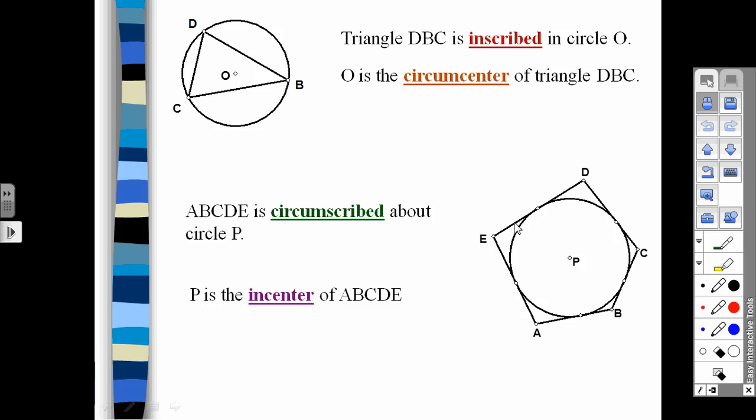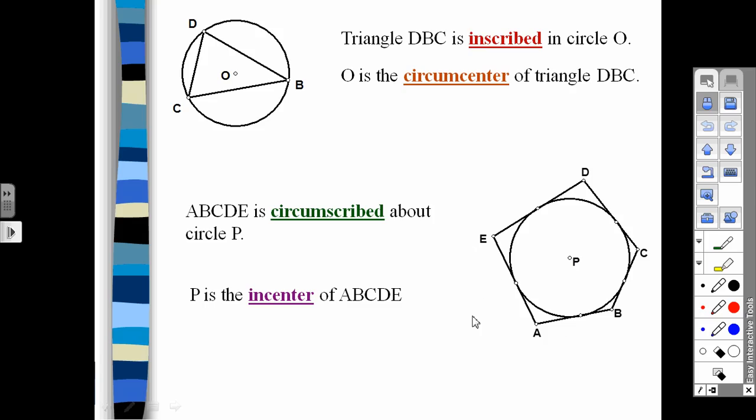So in this case, when the polygon is circumscribed about the circle, each of these points right here are points of tangency. So all of the segments that make up the polygon are going to be tangent to the circle. Okay? P is considered the incenter of the polygon.